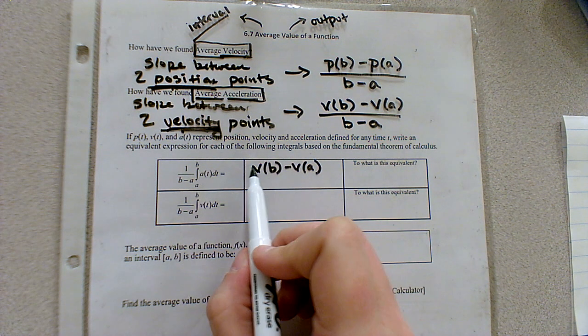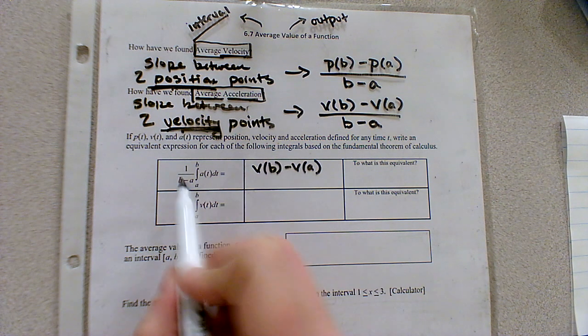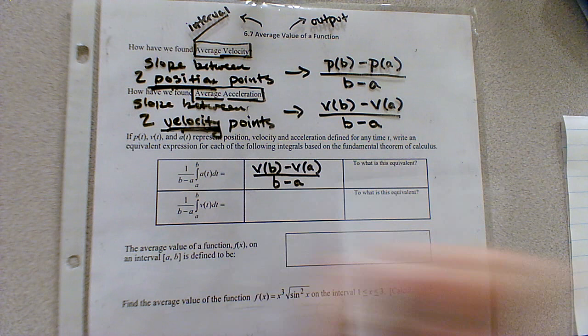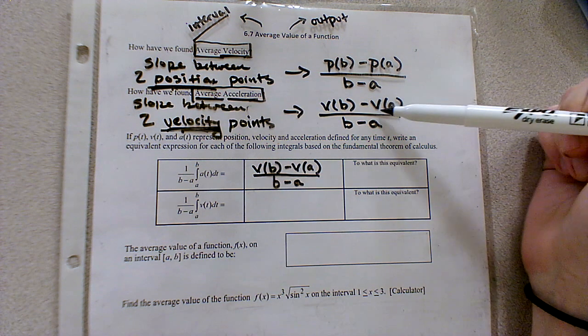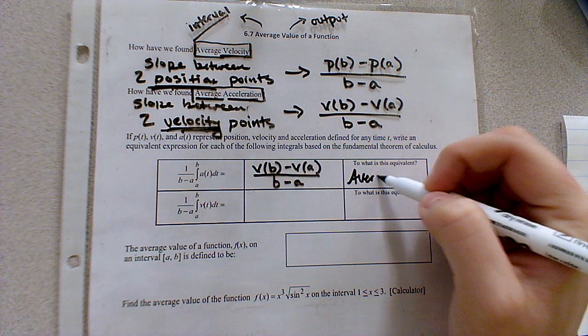If I multiply this antiderivative by 1 over B minus A, I'm essentially going to have B minus A on the bottom. And this is exactly what we said previously represented average acceleration.